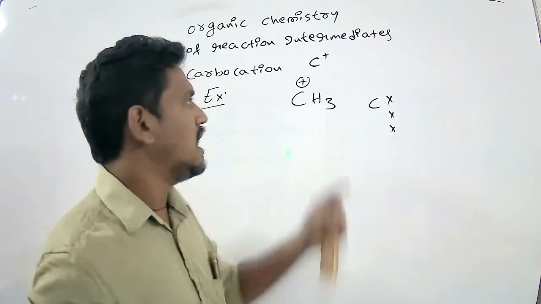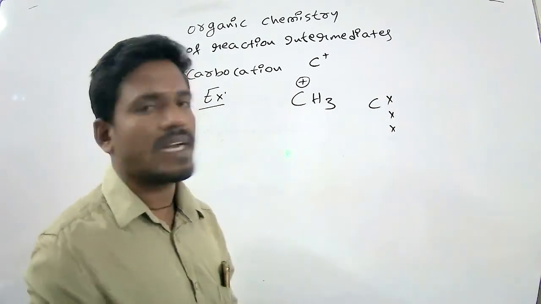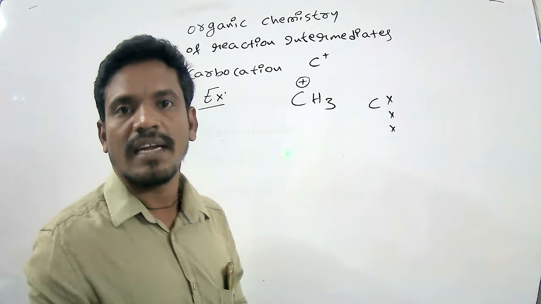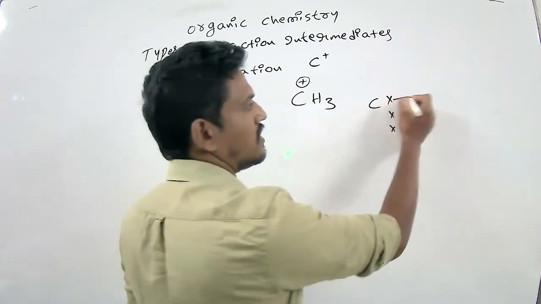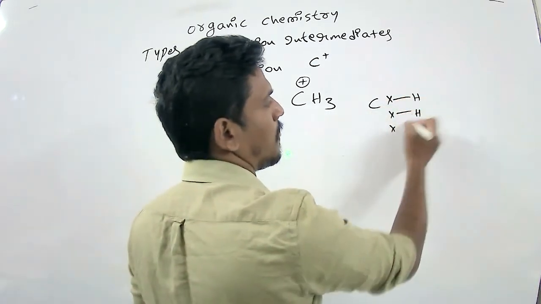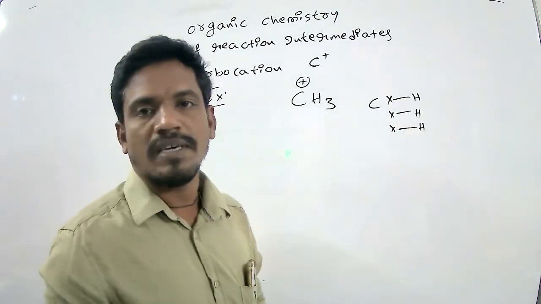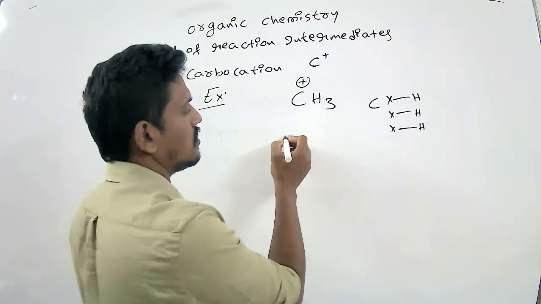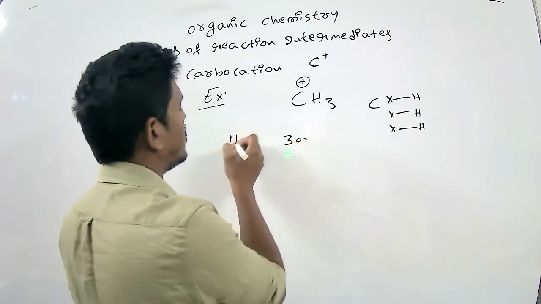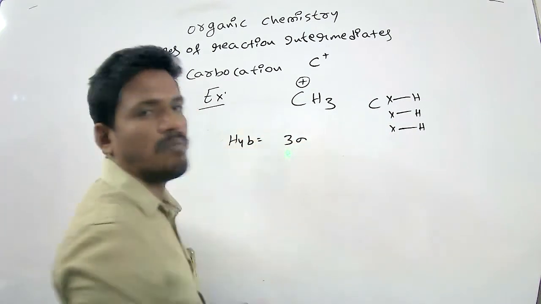Now carbon has only 3 electrons, and 3 hydrogens are attached to the central atom, each hydrogen with a valency of 1. Now around the carbon there are 3 sigma bonds.